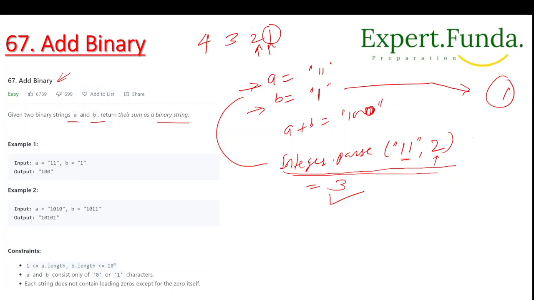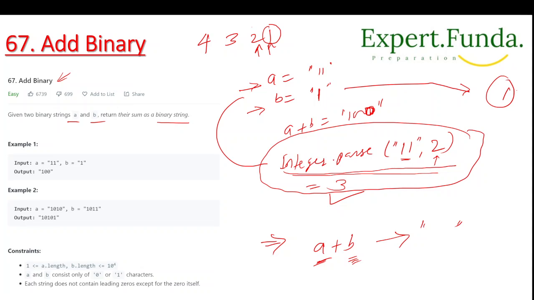Once you convert these two into integers, you can do A plus B. You should use Integer.parse for A and for B, do plus, and return this value.